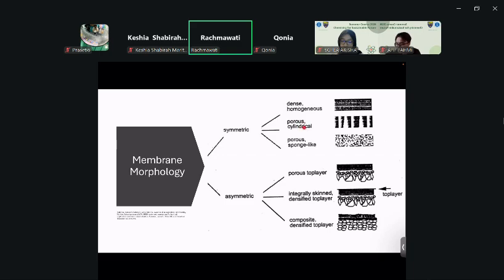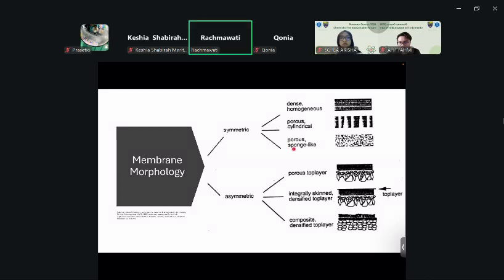They can be porous or cylindrical, like this. When you say symmetric, it doesn't mean that the sizes are the same, but you have a pore there and a pore there, symmetric as in there's a pore on top or on the bottom.